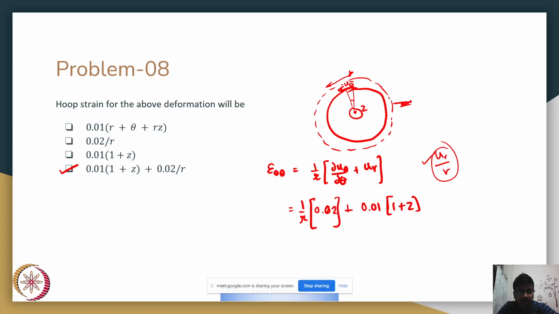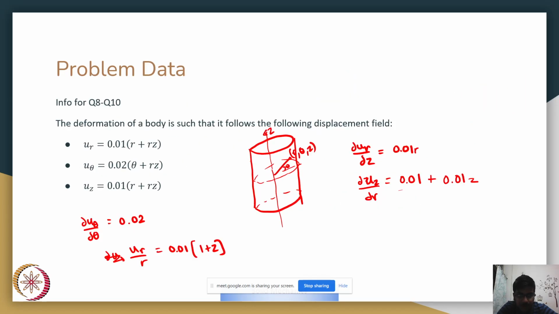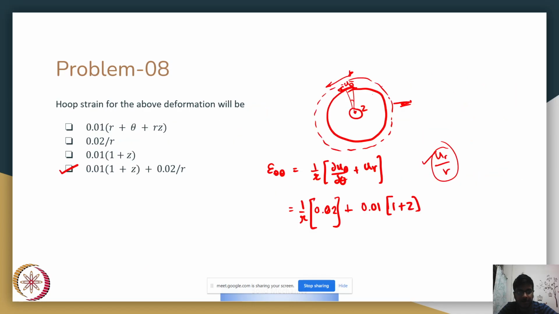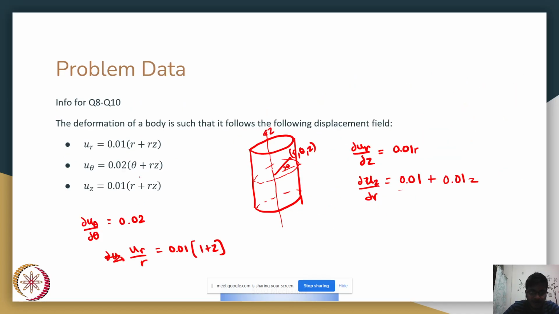I think I made a mistake in writing down this equation. This probably was z plus rz, yeah, that was z plus rz. I'm sorry. This should be z. I'm sorry about this.